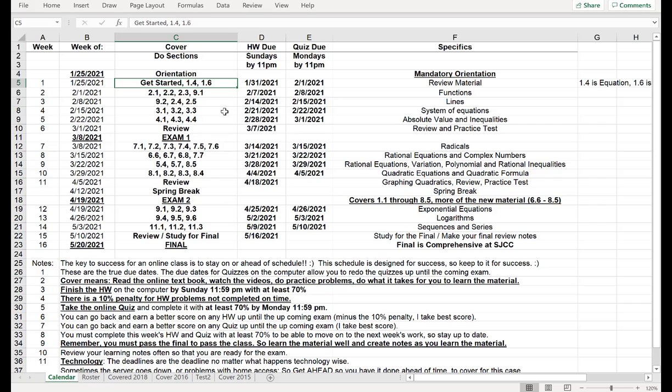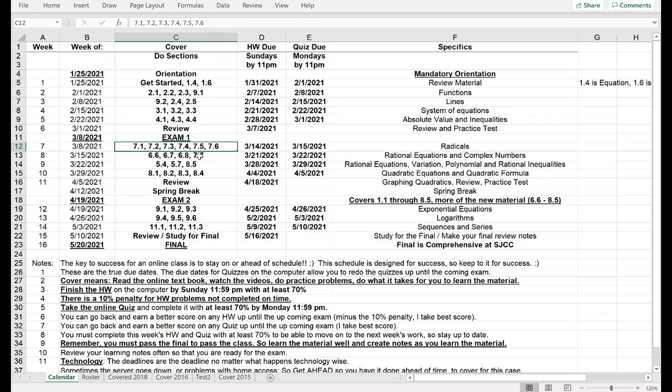Okay, this is the calendar. Week 1 is getting started and some review things. Week 2 is functions. Week 3 is lines, etc., down to a review week, review homework, and then our first exam, March 8th.